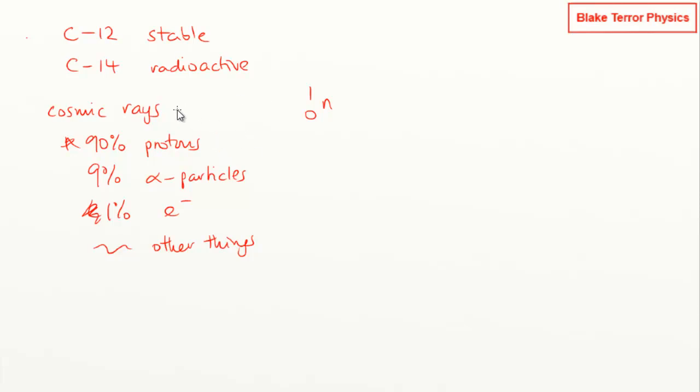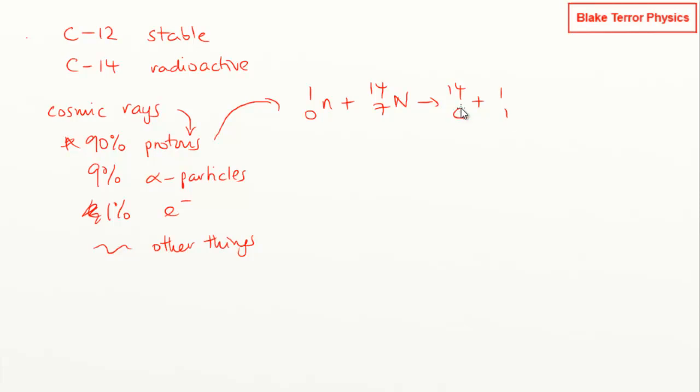So the cosmic rays aren't the neutrons. They're mainly the protons. The protons can then cause the production of neutrons in a whole variety of ways. Those neutrons can then combine with nitrogen, of which of course there's loads in the atmosphere, to produce carbon-14.